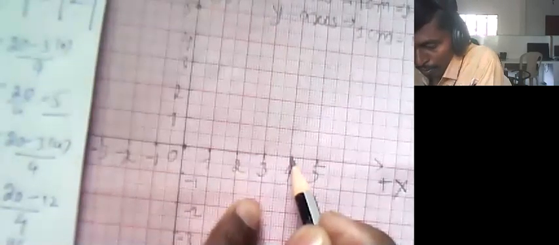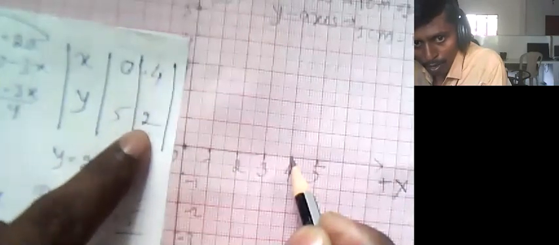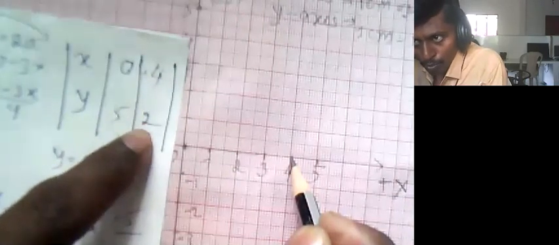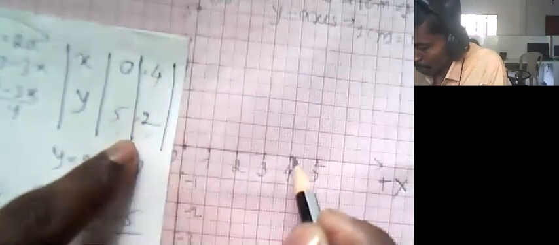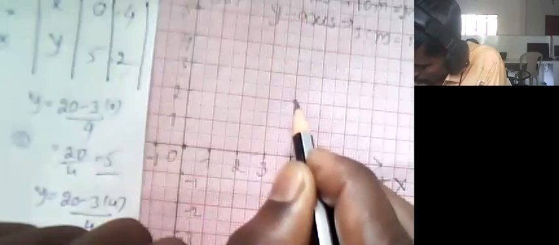At the same time, the value of y is plus 2, therefore I am going in the upward direction: 1, 2. Therefore this is the point 4, comma 2.